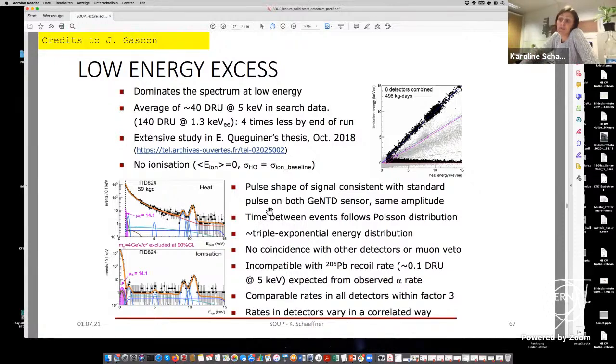The pulse shape is completely fine with normal pulses, so you cannot discriminate anything. They're also not compatible with any other backgrounds or any coincidences. So they just look like normal particle events. And of course, as for CRESST, they are a problem, and the origin is so far unknown.